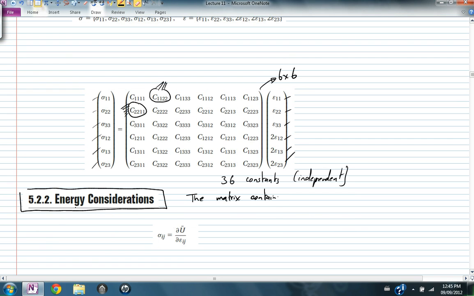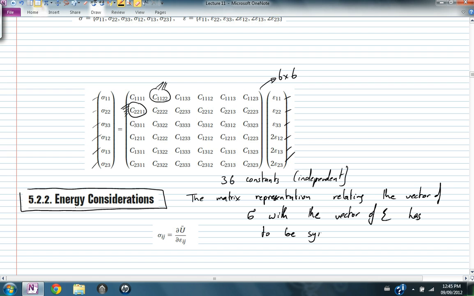representation relating the vector of sigma with the vector representation of epsilon has to be symmetric. It has to be symmetric only for energy considerations.